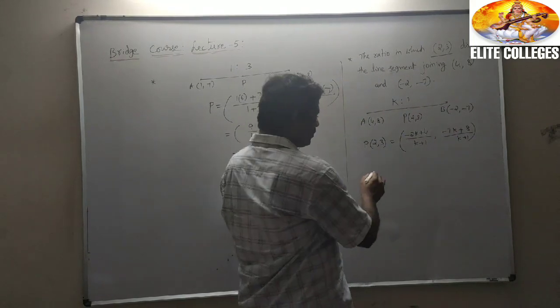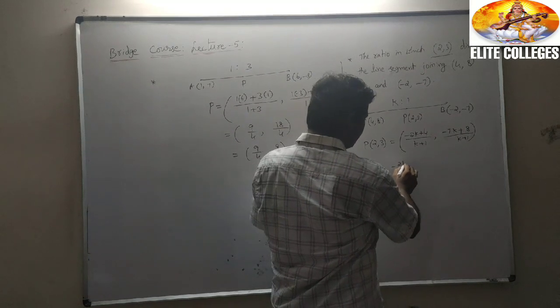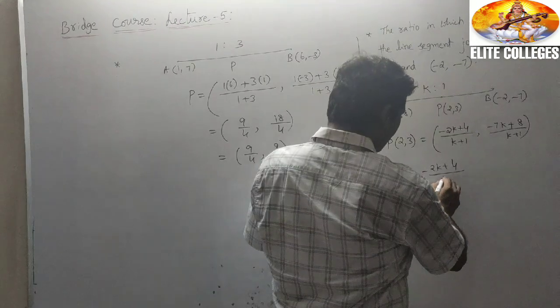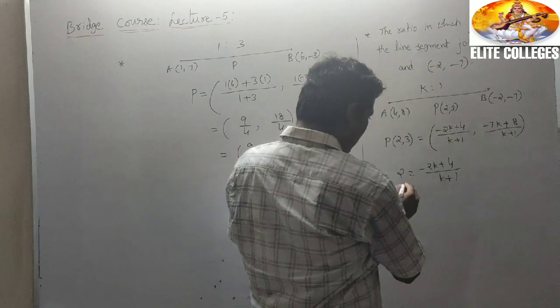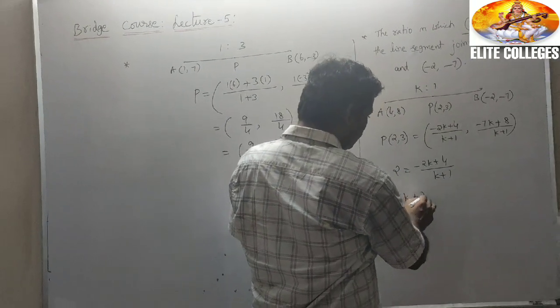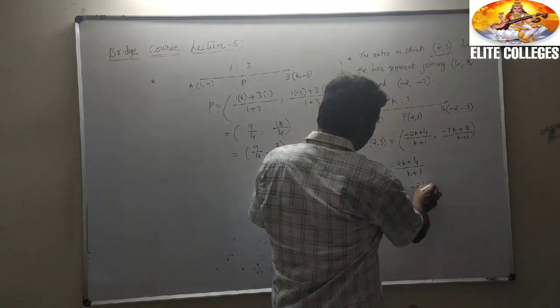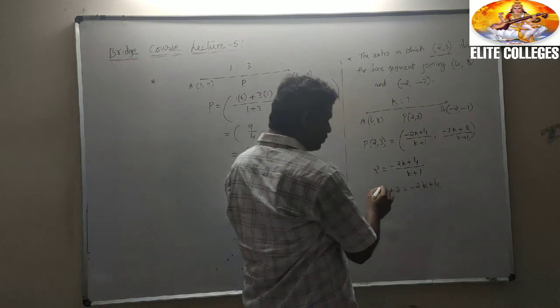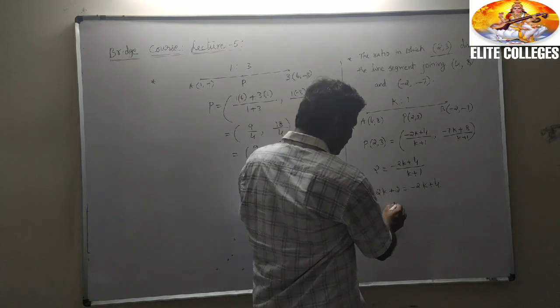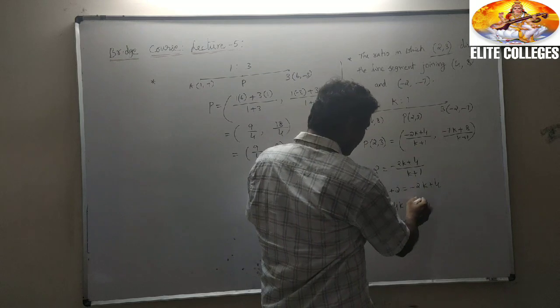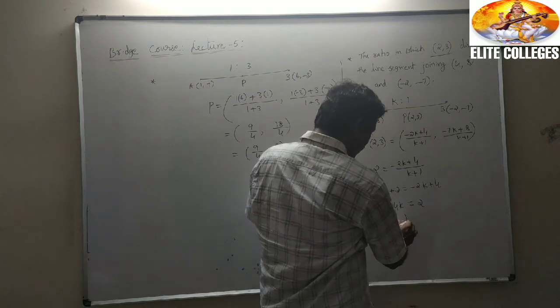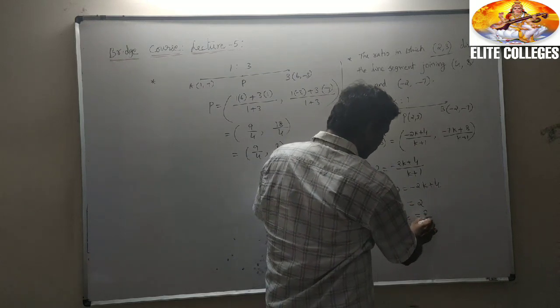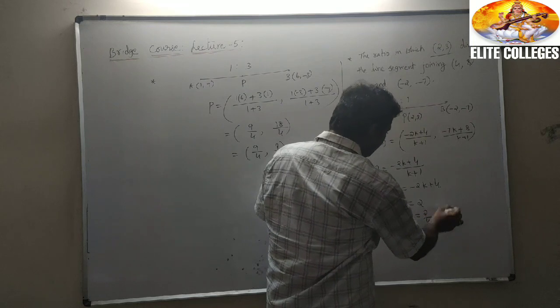So now equate this: 2 equal to (minus 2k plus 4) by (k plus 1). Cross multiply: 2k plus 2 equal to minus 2k plus 4. Minus 2k this side becomes plus 4k, 4 minus 2, 2. So what is k equal to? 2 by 4, that equals 1 by 2.